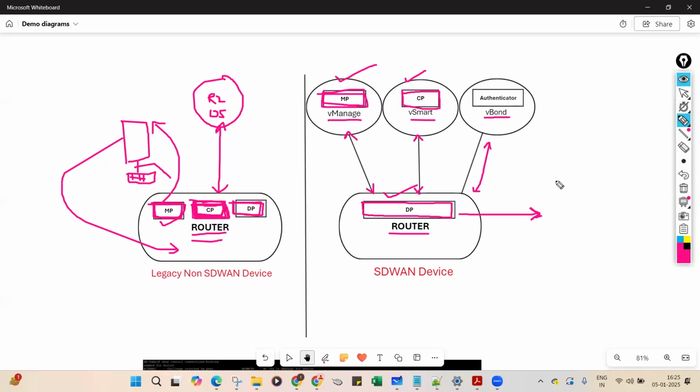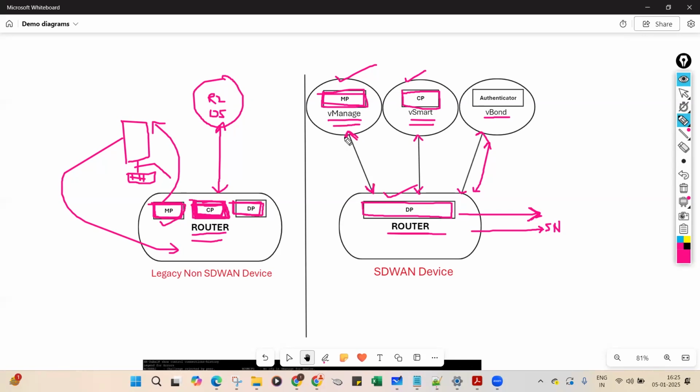One is via ZTP, PNP, wherein this router reaches to device.cisco.com, provides its serial number, certificate, and the chassis number and the organization name. After the authentication, vBond will share the vManage and vSmart information. Now, when the router gets this detail about the vManage and vSmart, it also forms a DTLS tunnel with them.